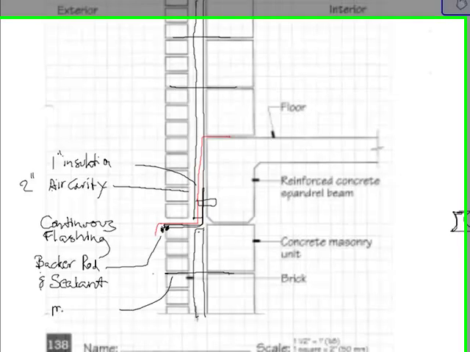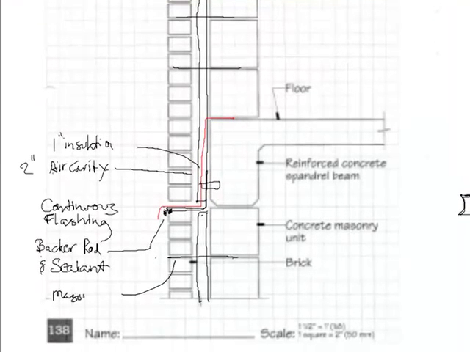And what that does is binds the masonry to the backup wall. It's just a little piece of metal that's embedded in the mortar in both places. And that will keep this wall from going out like that. So, masonry ties. It shows it in the book.